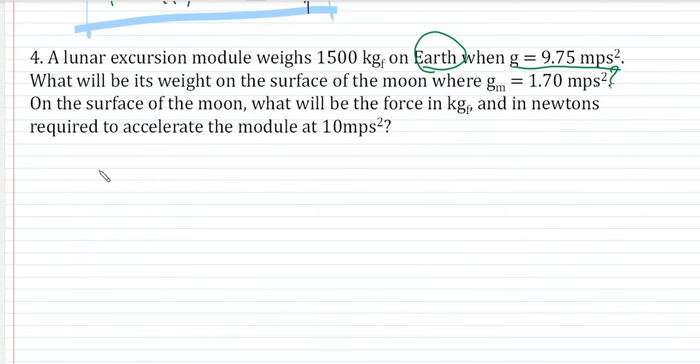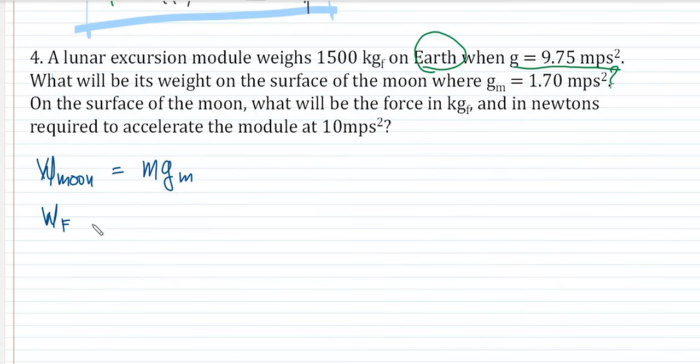So the weight on the moon would be equal to the mass times the gravitational acceleration at the moon. We already have the gravitational acceleration of the moon. What we want to find out is the mass of the lunar excursion module. So we have the weight of the LEM.